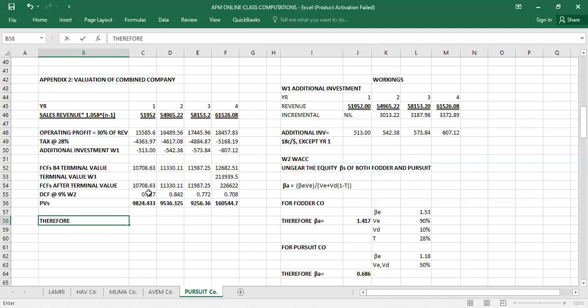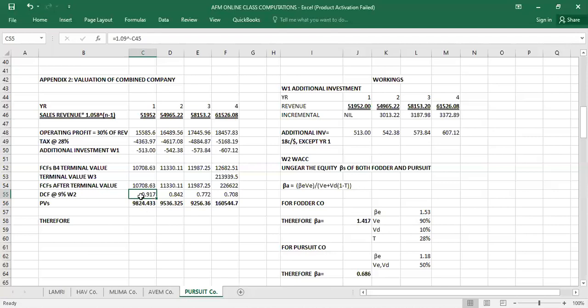How are you doing your discount rate? So 1.09 raised to power minus 1. Why are you doing that? Go and check your discount table now.